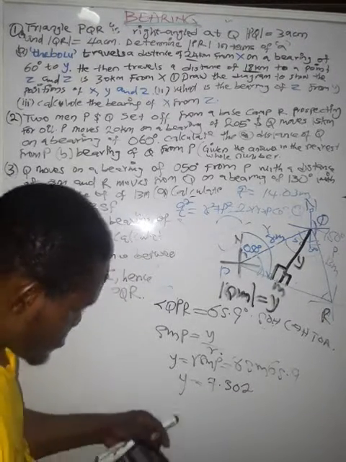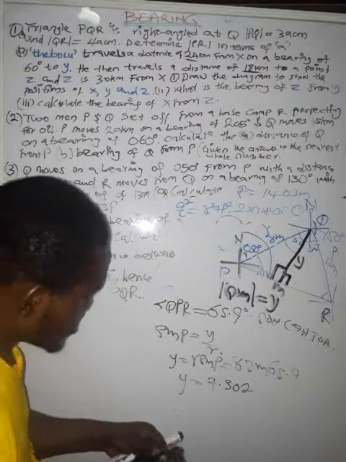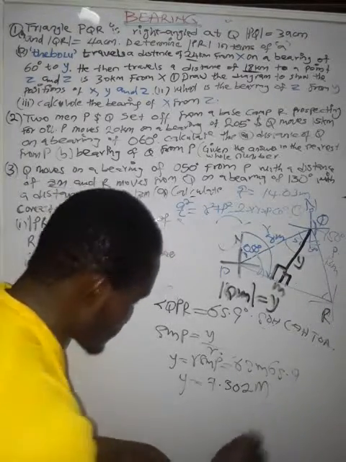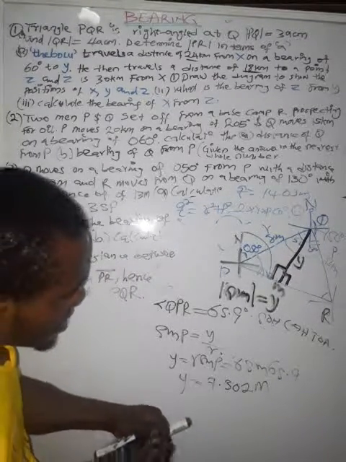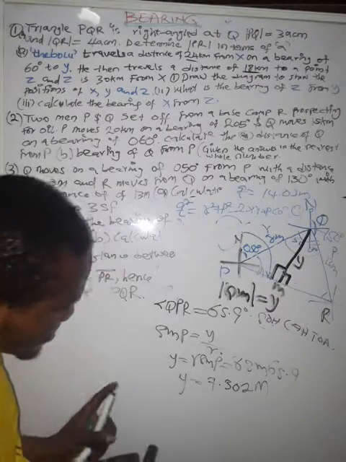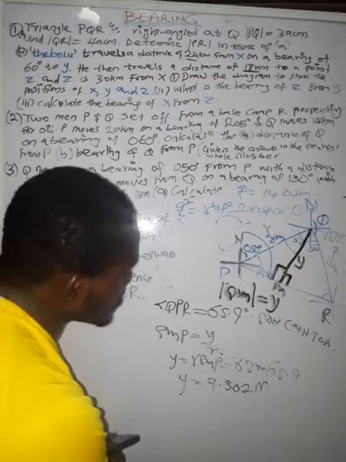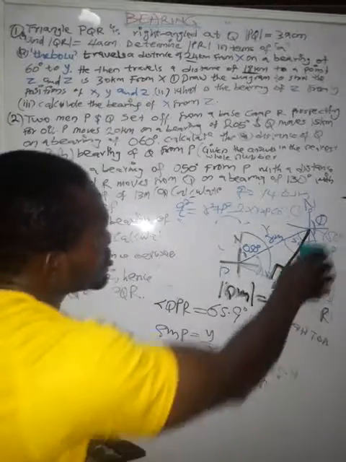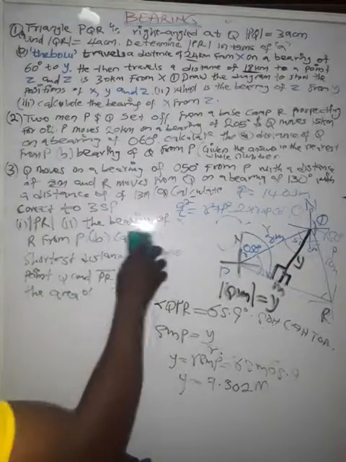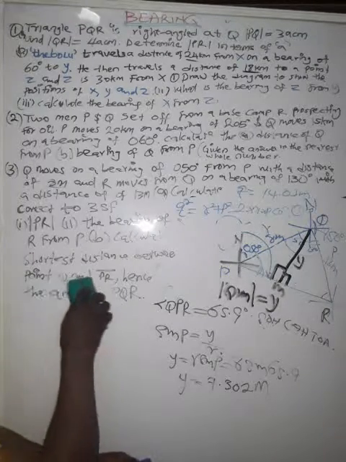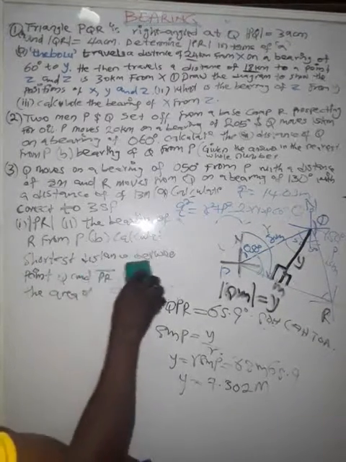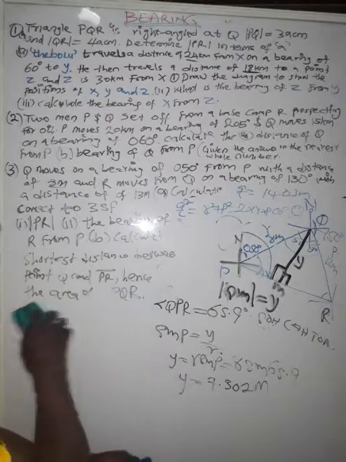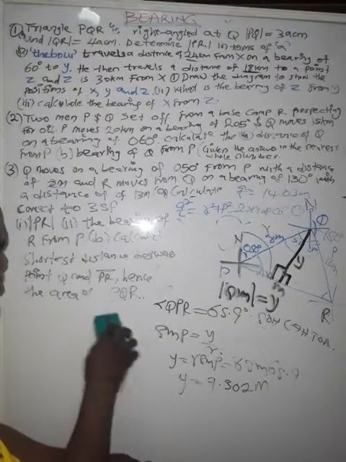So we are having that, in meters. Okay, that is the shortest distance. So we have to find the shortest distance between PQ, and hence the area of PQR.